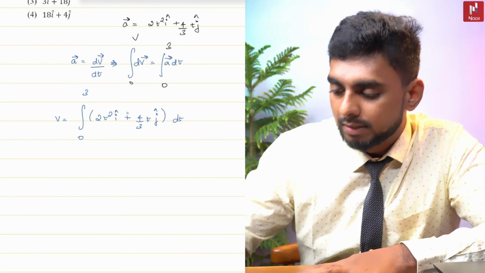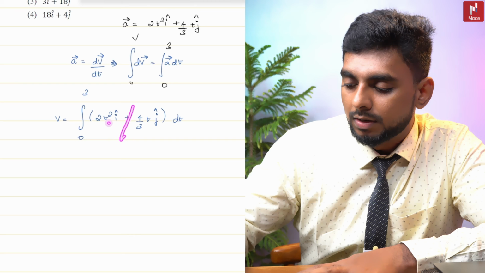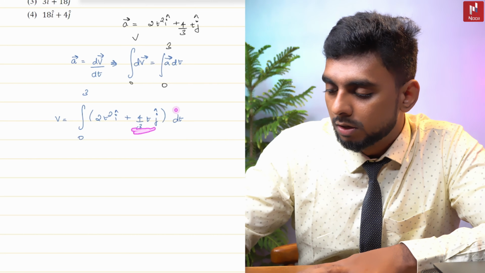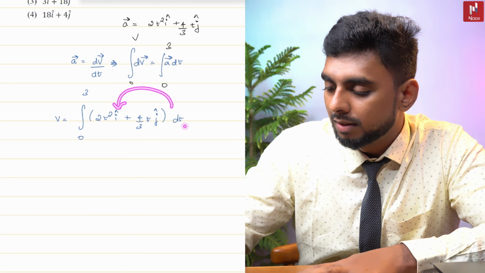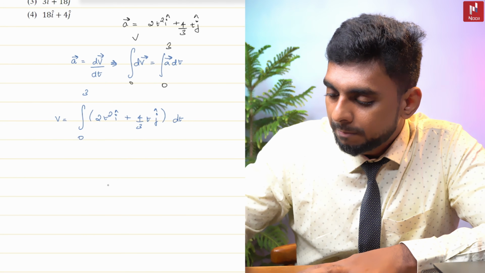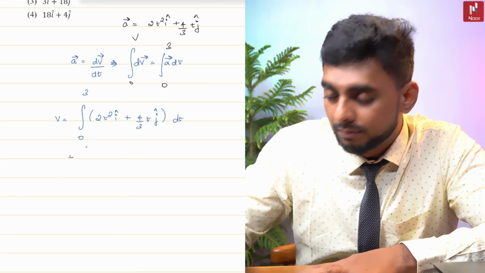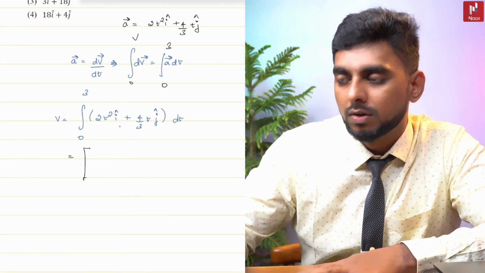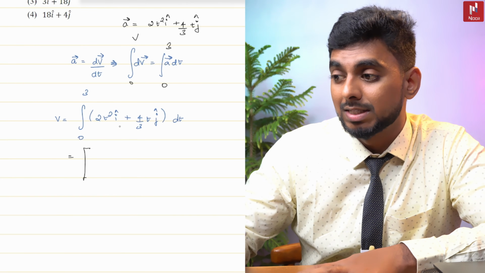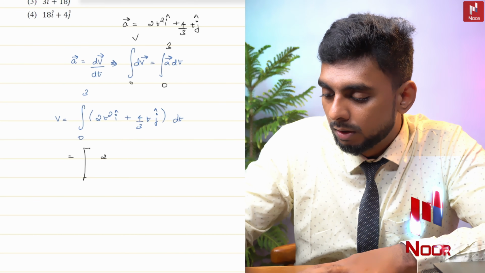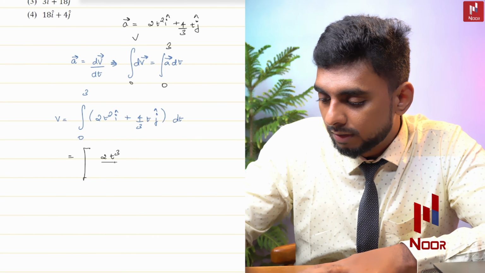So if I do the integration, obviously this is an addition. Treat the first term as a separate term and treat the second one as the next term. First I'll integrate the i component, then I'll integrate the j component. I'll change the elongated s to square brackets. If we do the integration for the 2t², it's going to be x to the power n plus 1 divided by n plus 1. Therefore you'll have t cubed divided by 3, with the 2 in front.